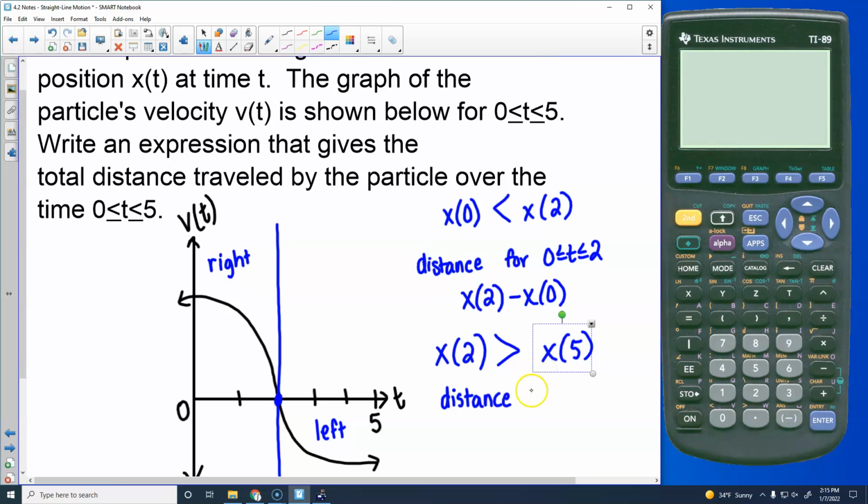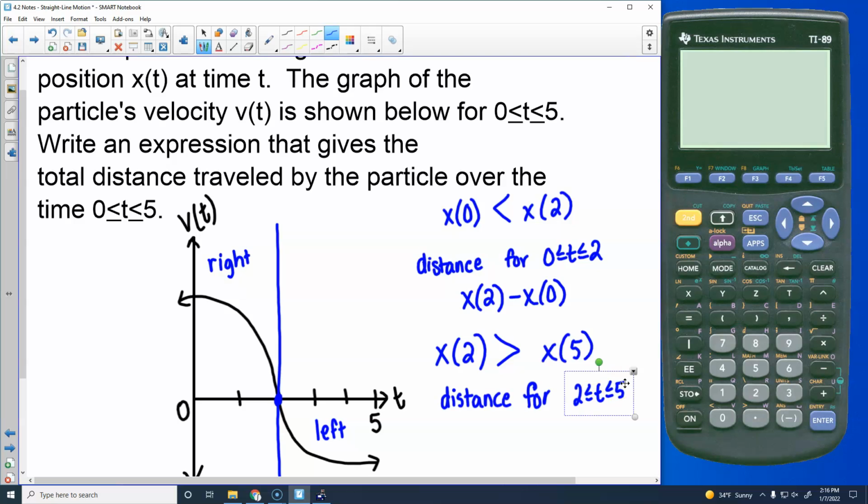So distance for x, for 2 less than or equal to t less than or equal to 5.